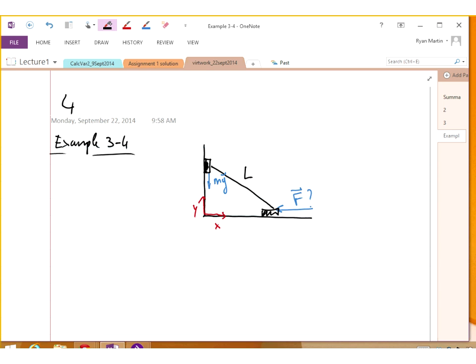Okay, so again, now we have two particles. So in principle, there should be 6 degrees of freedom. But of course, we know that's not the case because there are several holonomic constraints.